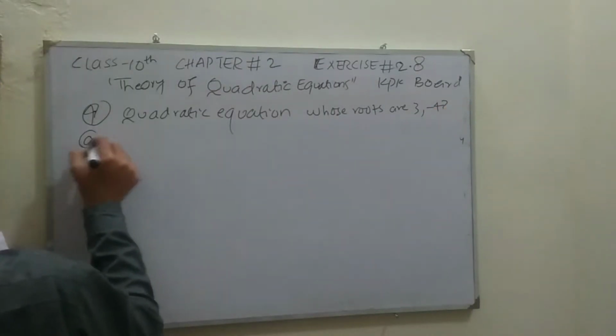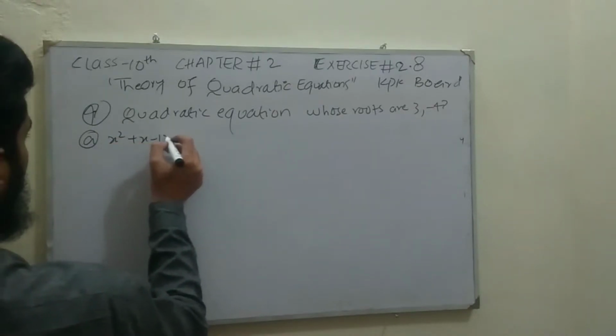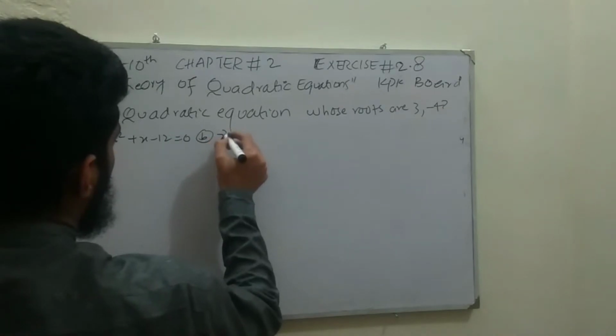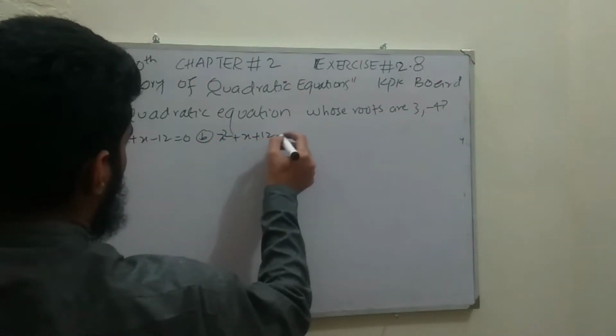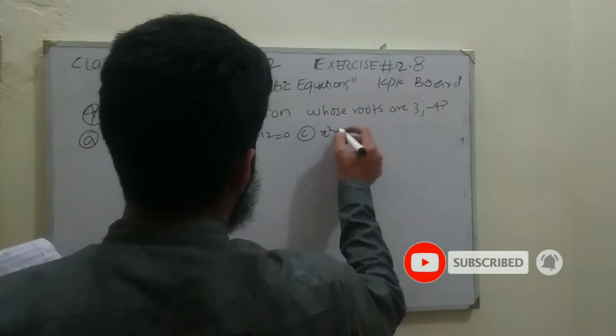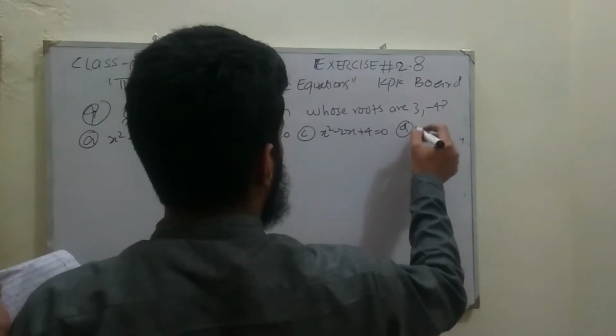Option number A is x square plus x minus 12 is equal to 0. Option B is x square plus x plus 12 is equal to 0. Option C is x square minus 2x plus 4 is equal to 0. And the last option is none.